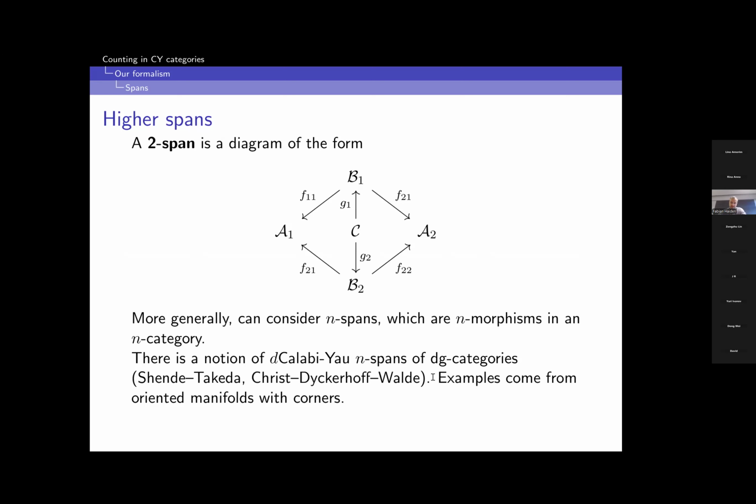Our definition with Maxim, I don't know how, when you explain the analogy, of course, it's the same, but we do not really need very, very high categorical structures.